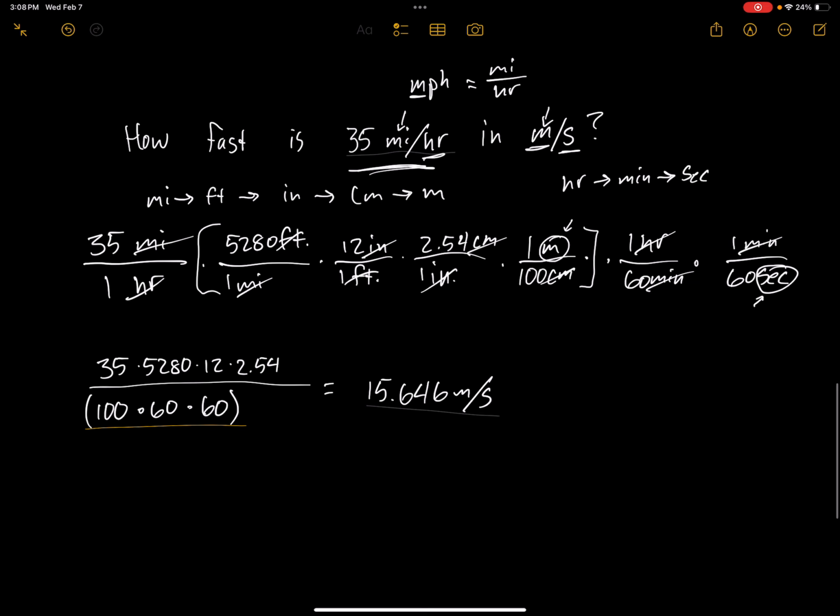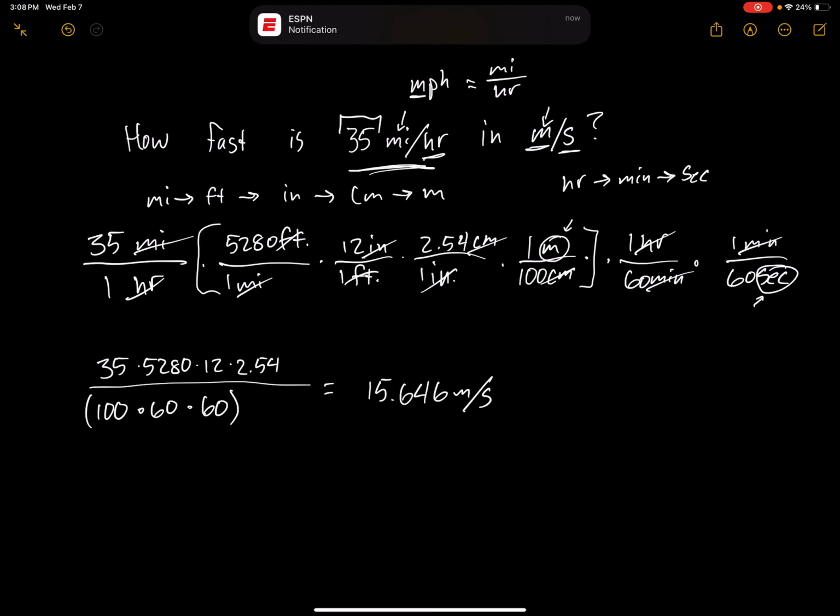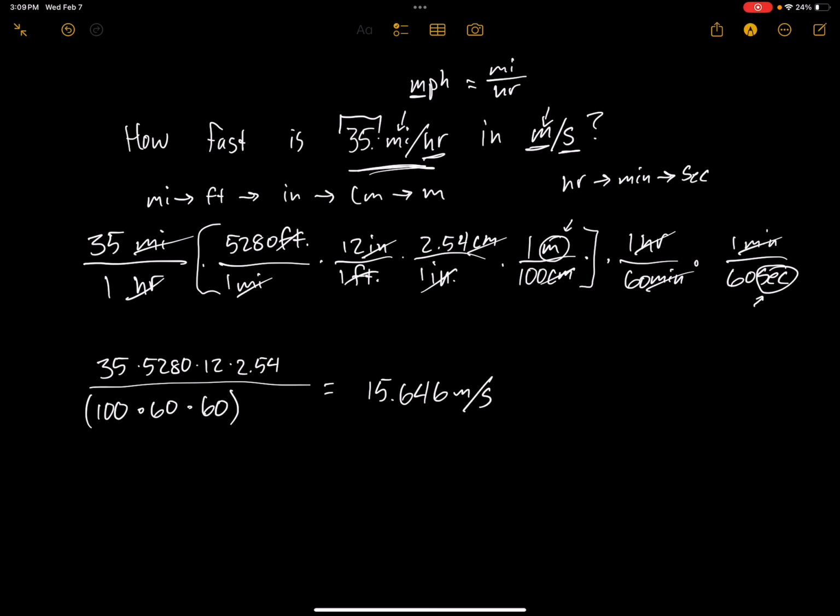Now again, significant figures are a thing in chemistry, and they're basically just telling us how accurate our measuring tool was. So our measuring tool was measuring to like the singular mile versus like the 1/10 of a mile. If we had done 35.0, that would be more specific, right? But we're just saying that whatever measuring tool we had was only going to the 1 mile, 1 whole mile.